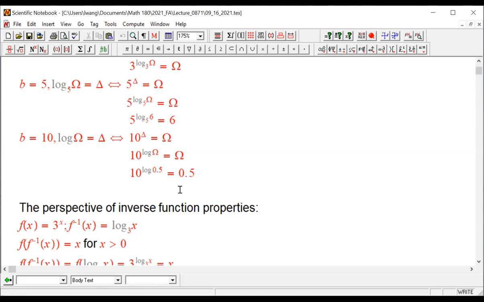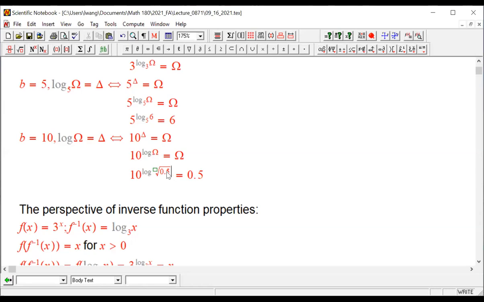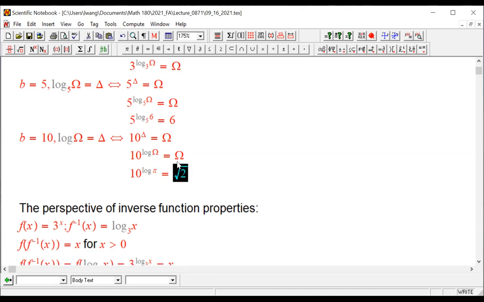If this is a square root of 2, this is going to be square root of 2. And if this is pi, this is going to be pi. You guys see that? That's what it means.